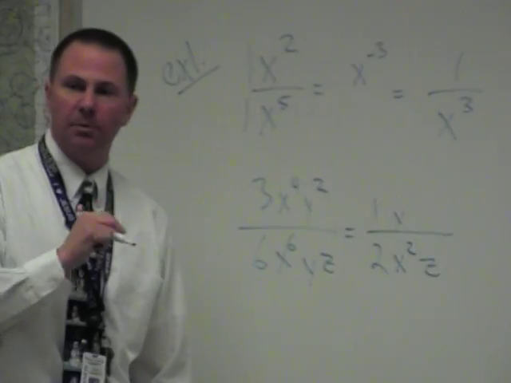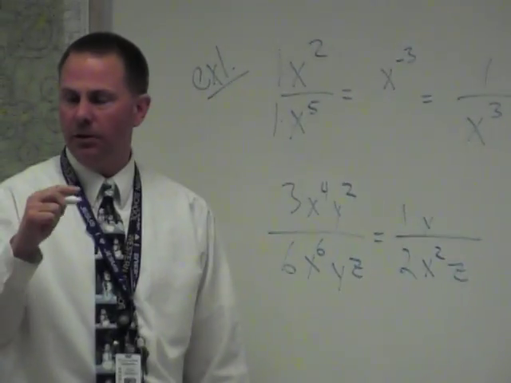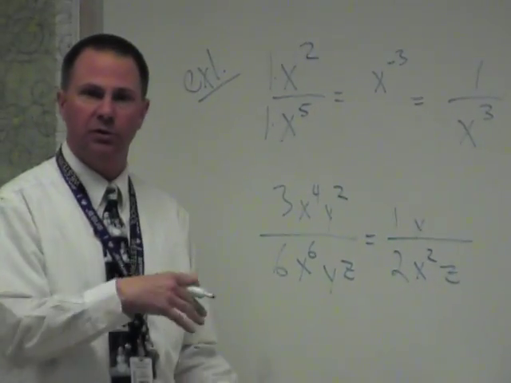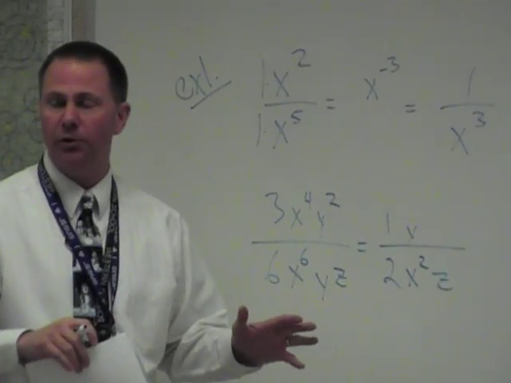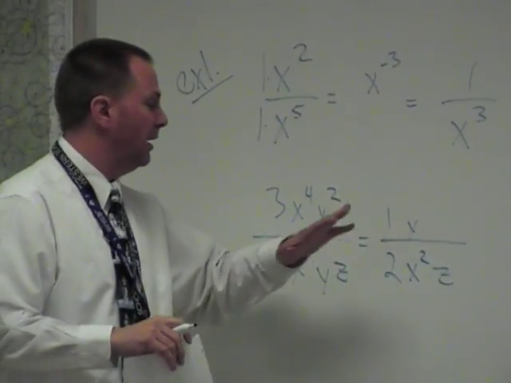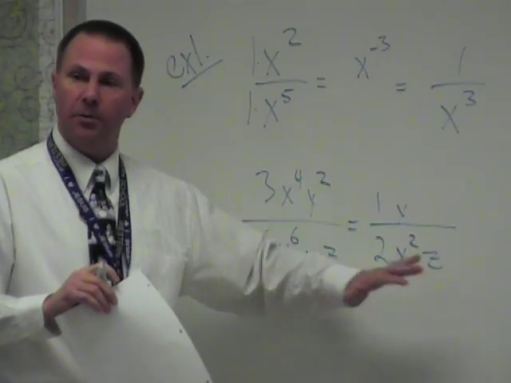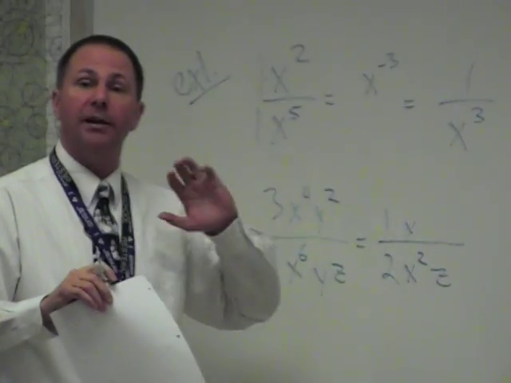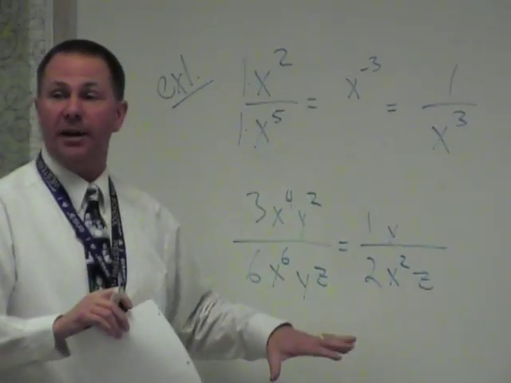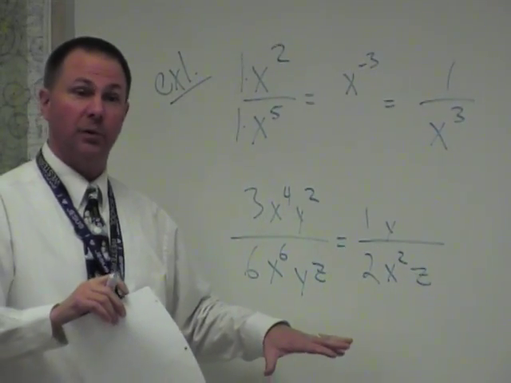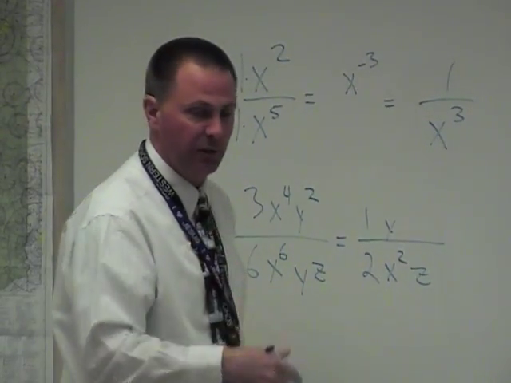Now, what I was talking about a second ago is the only time you really use negative exponents is if for some reason they force you into using them. Like you need to make sure you're reading your directions. If they say, I do not want any variables in my denominator, or I don't want any fractions, then what are you going to do? Well, they did in last year's book, so I'm just heading it off at the pass.